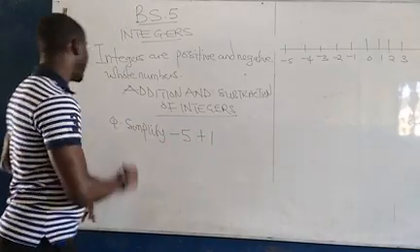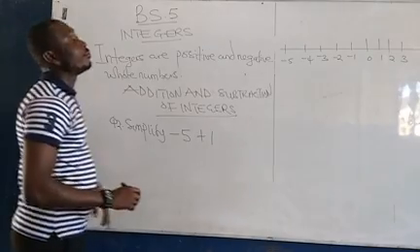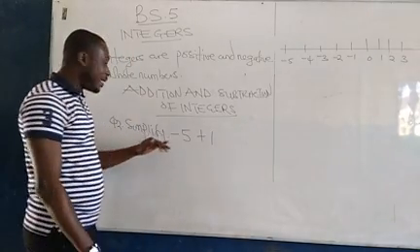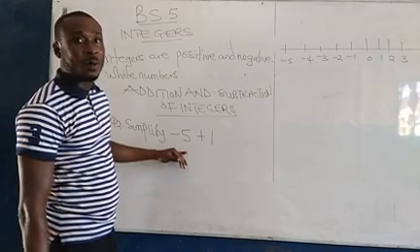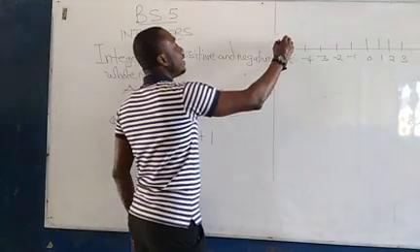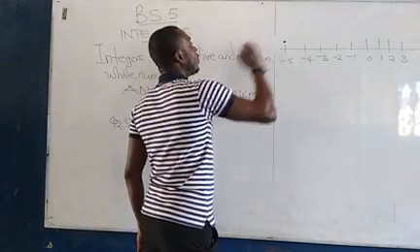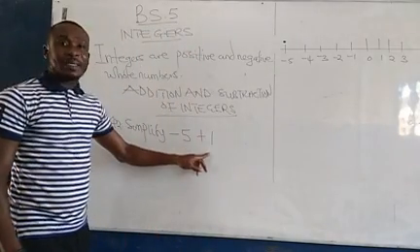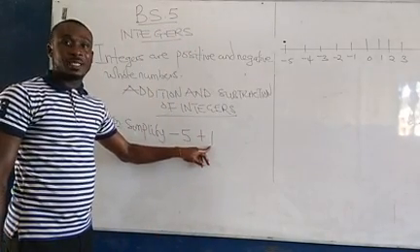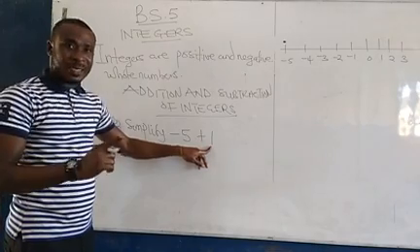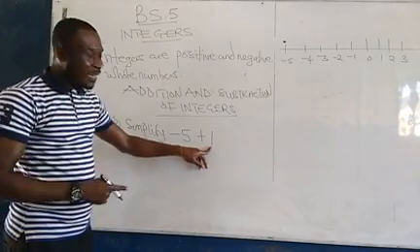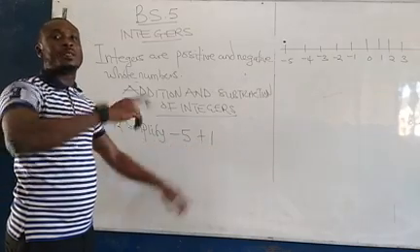Alright, that's my second question. So the first number is negative 5. So let's locate ourselves on negative 5. And this is negative 5. Then how many times are you supposed to move? It says move just once, and that is positive 1. So you just move once to your right.